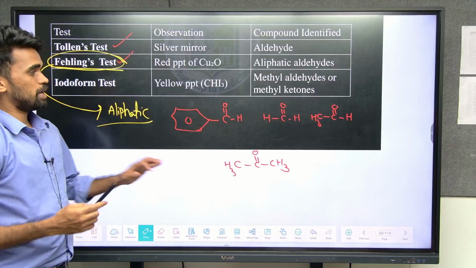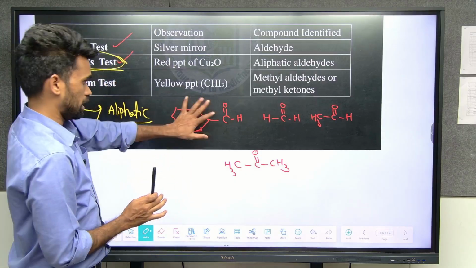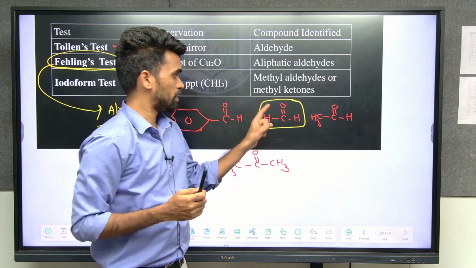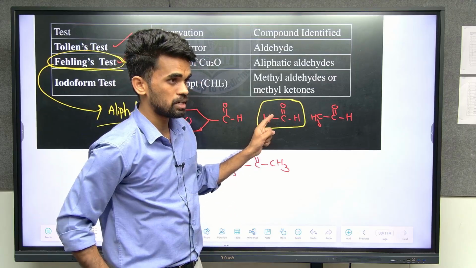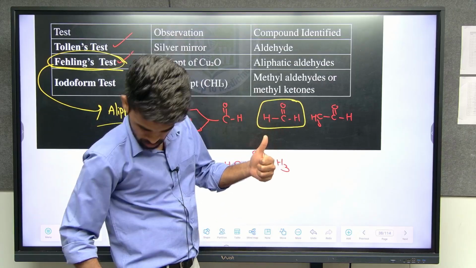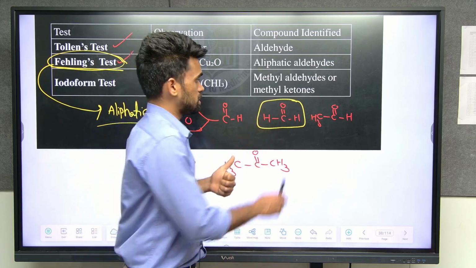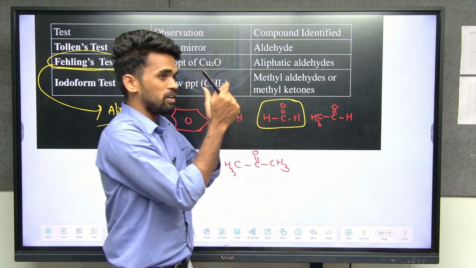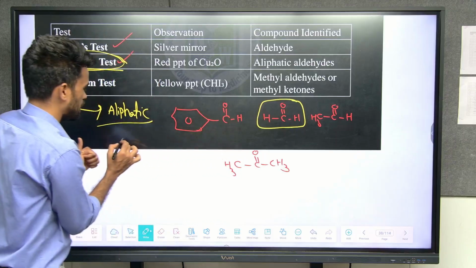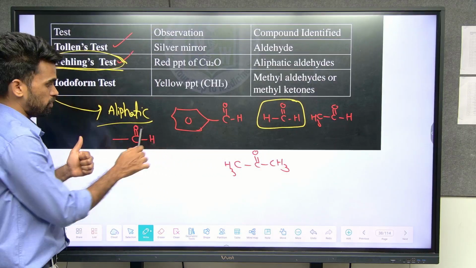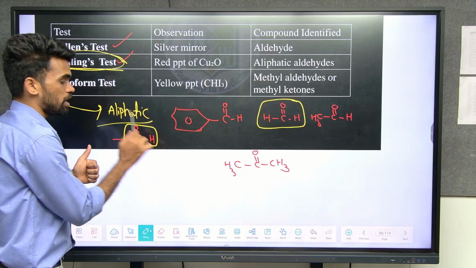Let us keep the first aside. What about this one? Will Fehling's test be shown by this compound or not? Check whether it has the aldehydic functional group or not. What is aldehydic? C double bond O H. Do we have this fragment in the molecule or not?